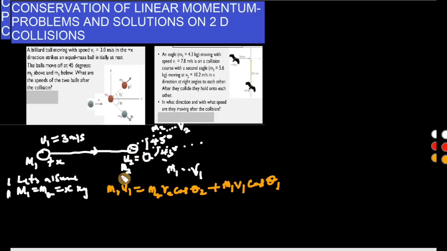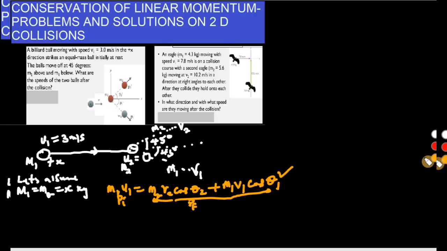This is the momentum before collision, and the whole of this is the momentum after collision. For conservation of momentum, the momentum before collision should equal the momentum after collision. We only observe the momentum for this first ball because the second was stationary, so we didn't have the m2 u2 component, so it didn't appear here.